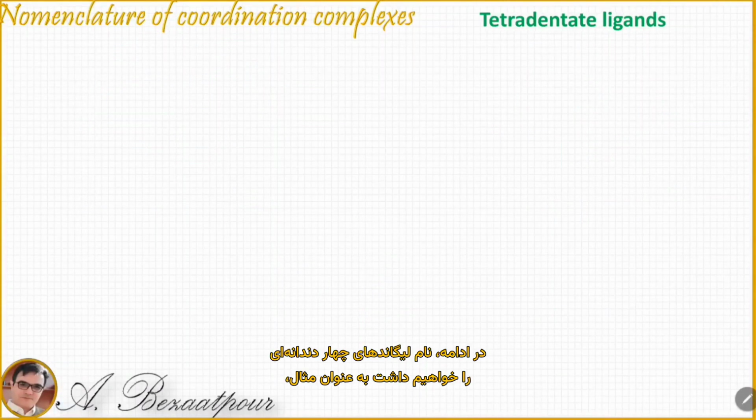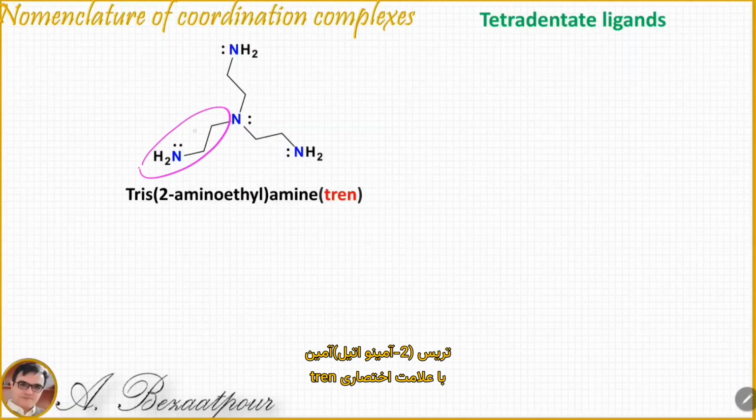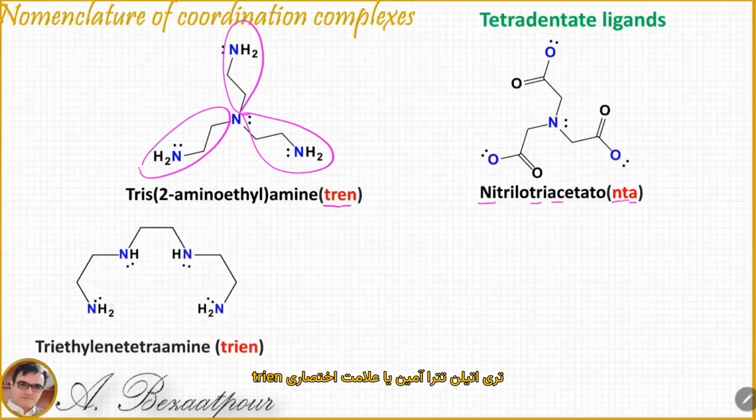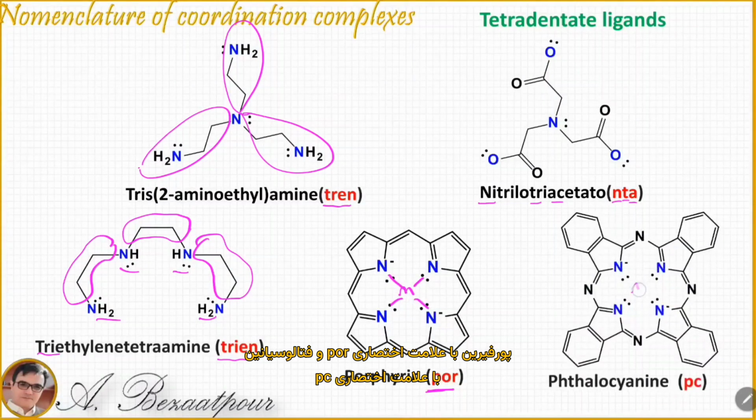In the following, we have tetradentate ligand names such as tris(2-aminoethyl)amine with abbreviation tren, nitrilotriacetato with abbreviation NTA, triethylenetetraamine with abbreviation trien, porphyrin with abbreviation por, and phthalocyanine with abbreviation pc.